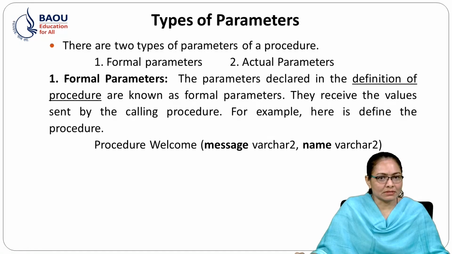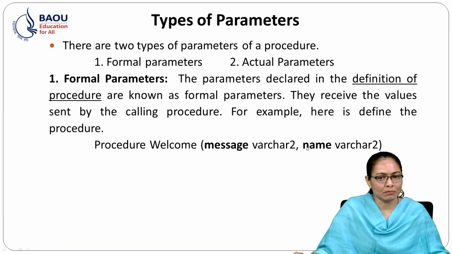They receive the value sent by the calling procedure. For example, here we define the procedure; welcome is the procedure name, then message VARCHAR2, comma, name VARCHAR2. This message is the variable name or a parameter name.